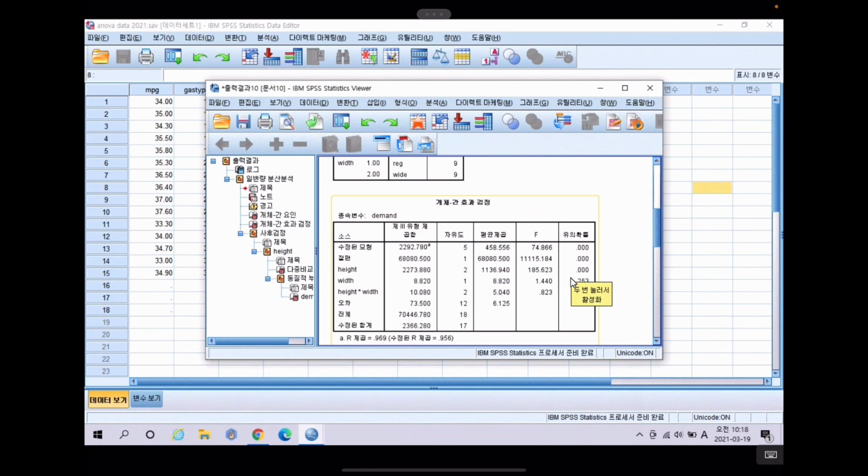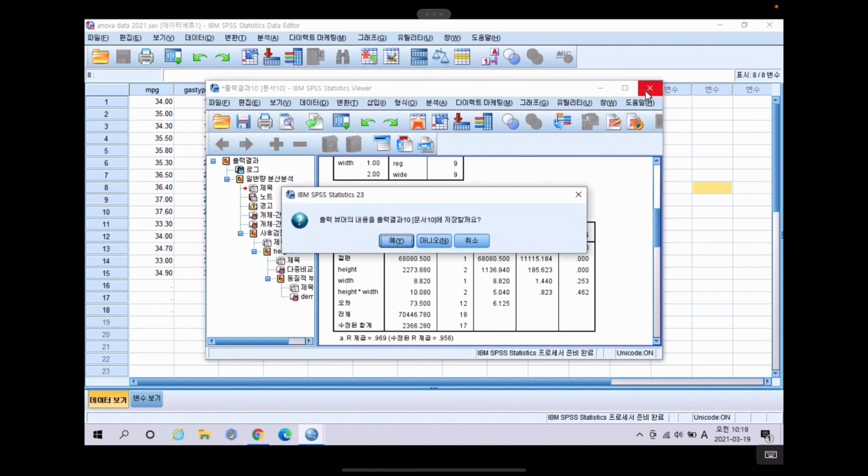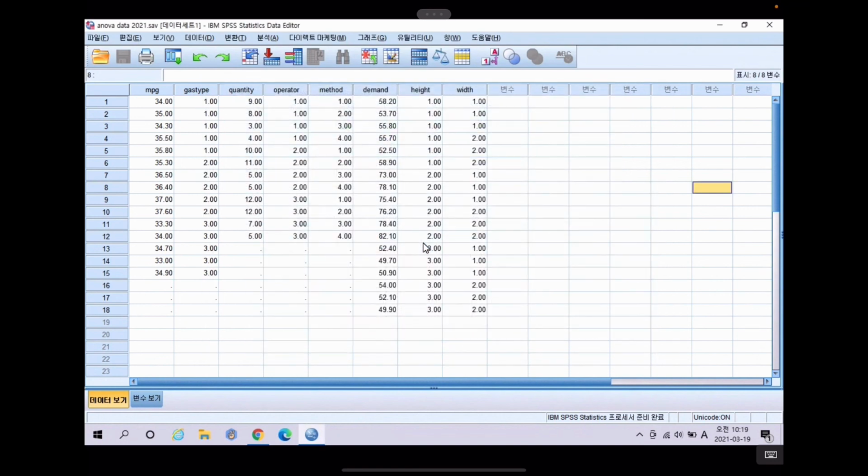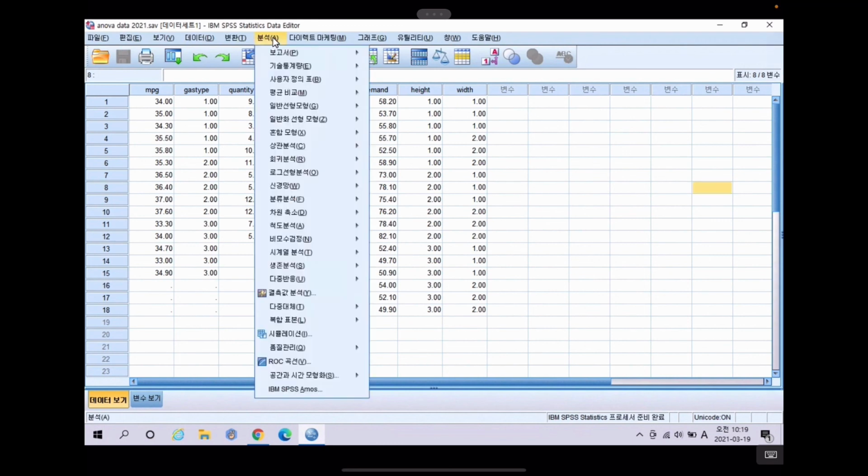So this is the basic output for the two-way ANOVA with the repeated measures. Let me go through this process again. Once you type in the data, you go to the analysis, and then you select this menu, general linear model, and you need to select univariate.